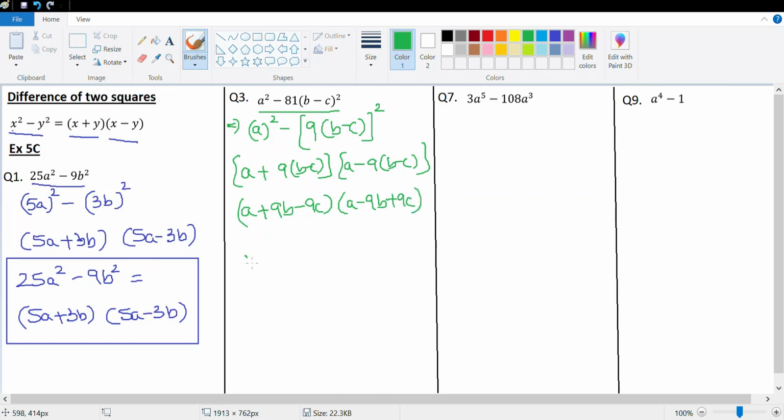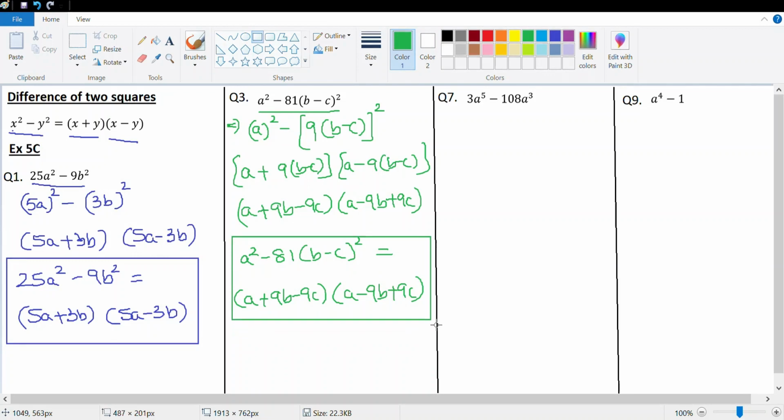We'll write our final answer as a square minus 81 times (b minus c) the whole square will be equal to (a plus 9b minus 9c) multiplied with (a minus 9b plus 9c). Good, simple ones till now, but basically the exercise is simple.